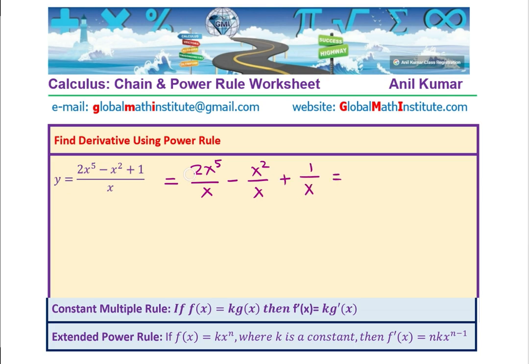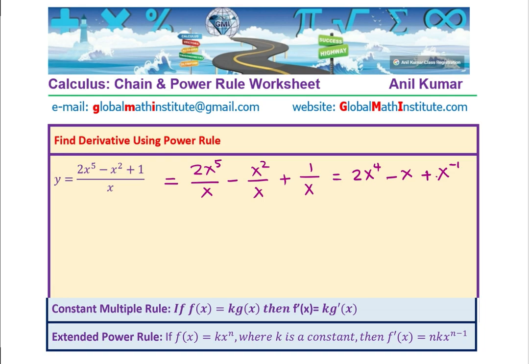Now, 2x to the power of 5 divided by x is 2x to the power of 4. So we got this as a power function. And here we have minus x. And then we have plus 1 over x, which I'll write as x to the power of minus 1. Correct?